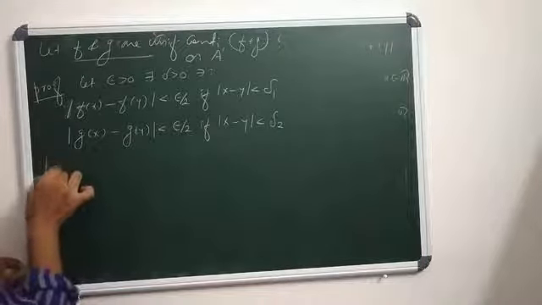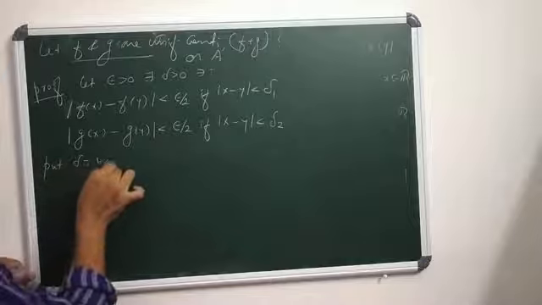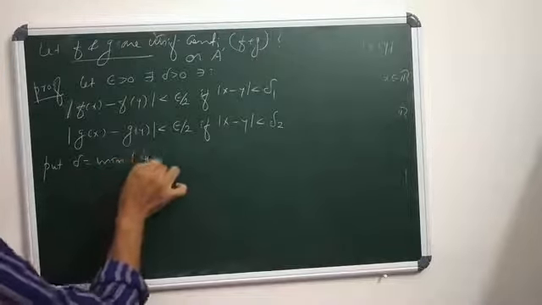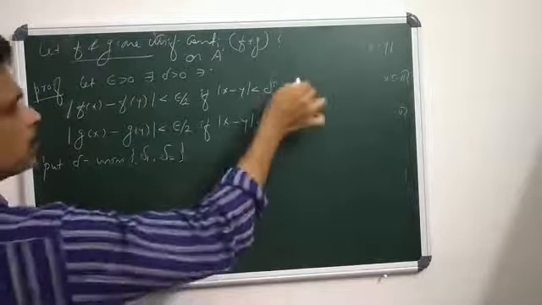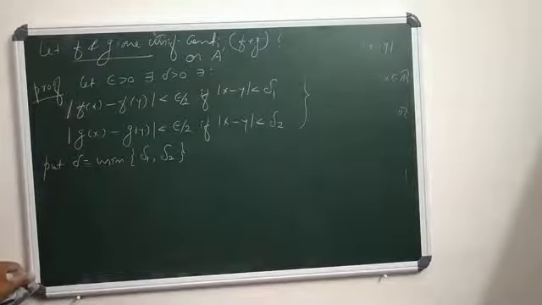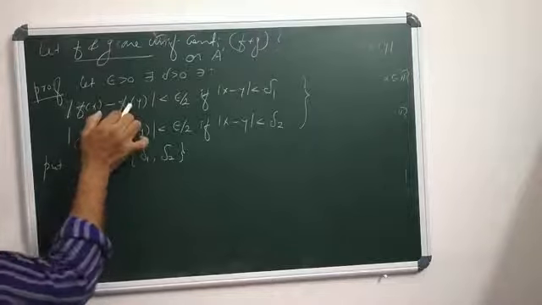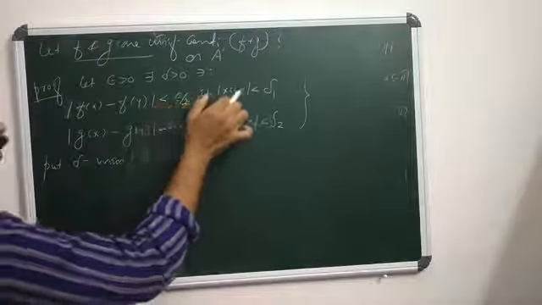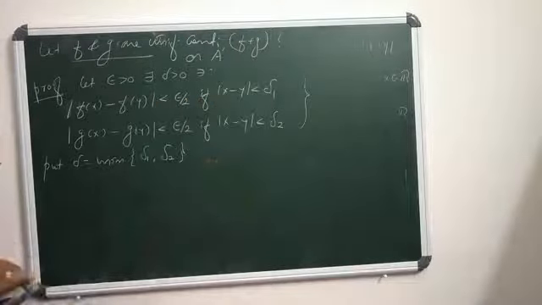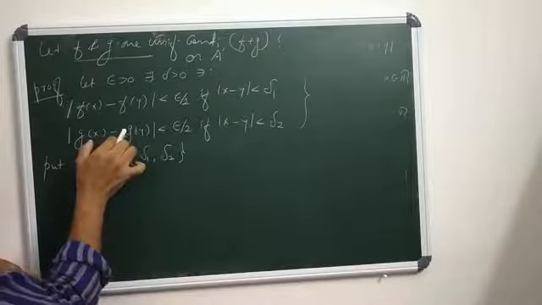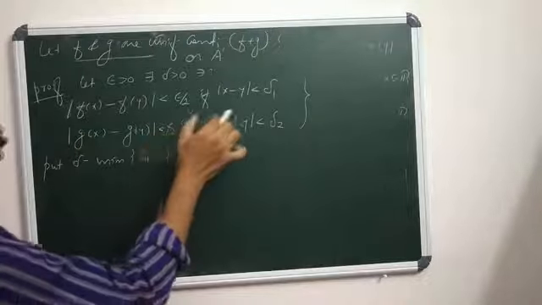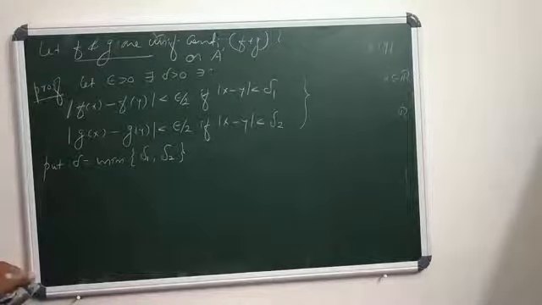So put delta equals minimum of delta 1 and delta 2. So these two conditions hold for this delta. That means mod f of x minus f of y is less than epsilon by 2, and mod g of x minus g of y is less than epsilon by 2, provided mod x minus y is less than delta.